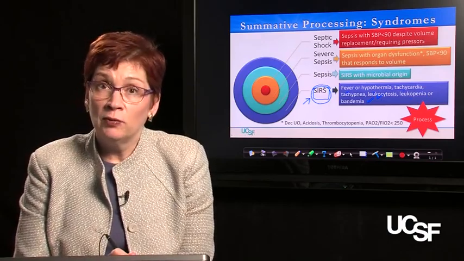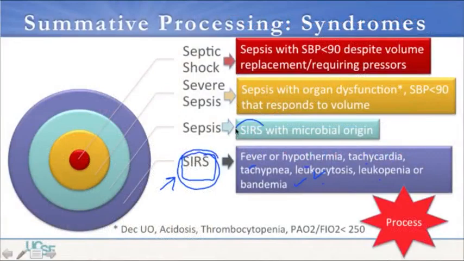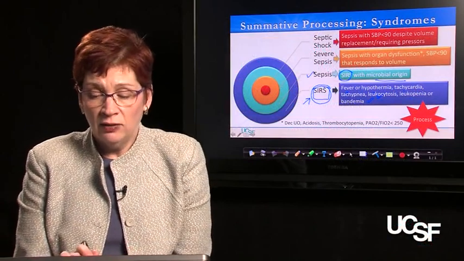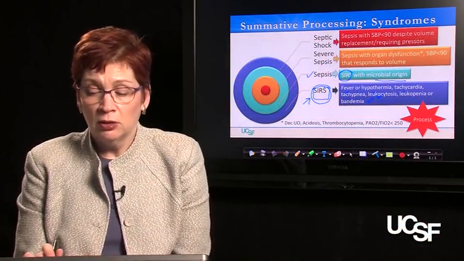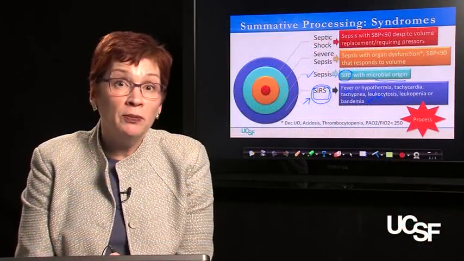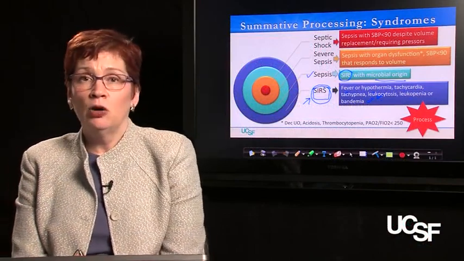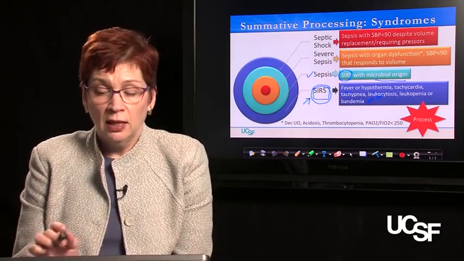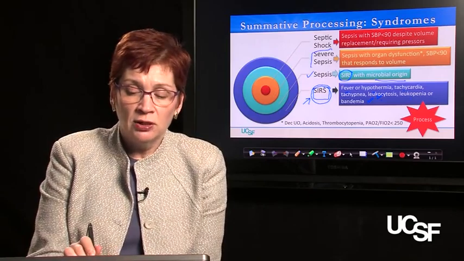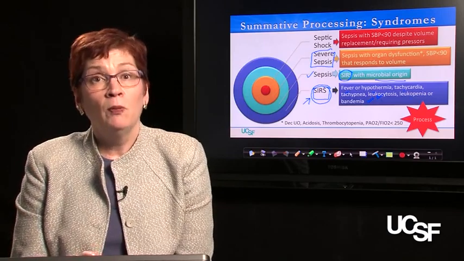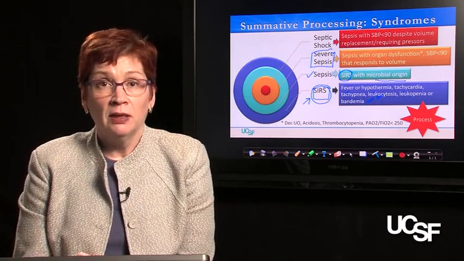If I have even more information and believe that this SIRS is due to microbial origin or an infectious cause, then I have the syndrome of sepsis. And if I have SIRS from a microbial origin and there's evidence of end organ dysfunction, decreasing urine output, metabolic acidosis, low platelets, and a PaO2 or FiO2 of less than 250, then I've recognized the syndrome of severe sepsis, which has implications not only for diagnostic etiology, but for therapy and timing of therapy.